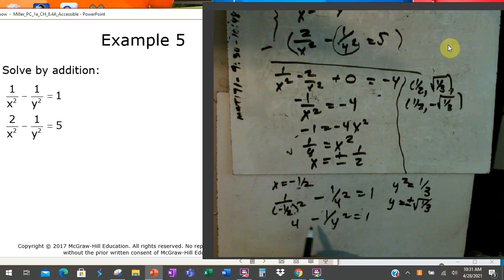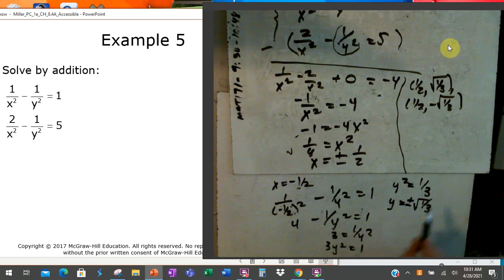Bring this over here. 3 is equal to 1 over y squared. Multiply both sides by y squared. Divide both sides by 3. That gives me this. And then it's the same thing.